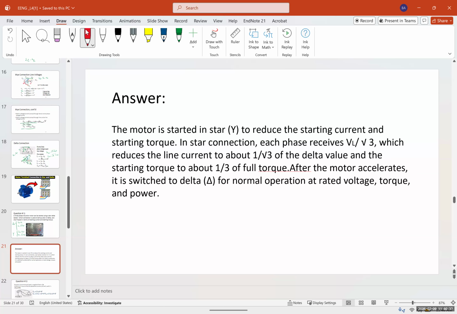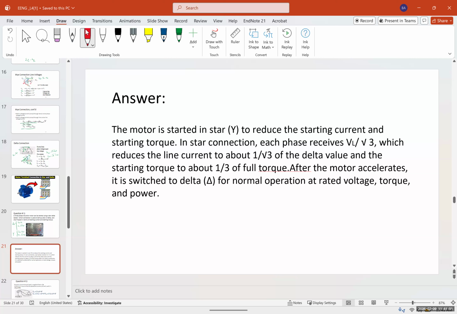And when we start with a lower torque, and then we move to a delta connection, which is a higher torque. The reason why we do that is most of the times we want to have a smooth start. So for example, if you're in an elevator, you just don't want to have yanking or put the cable under too much pressure. We start with Y, and then we move to delta.